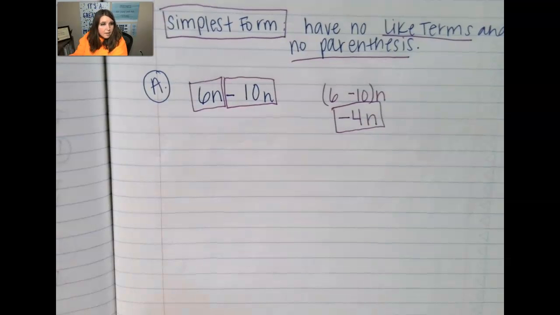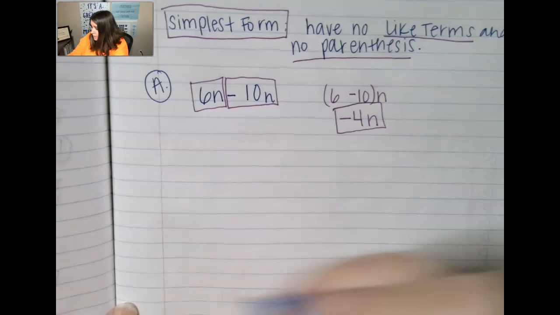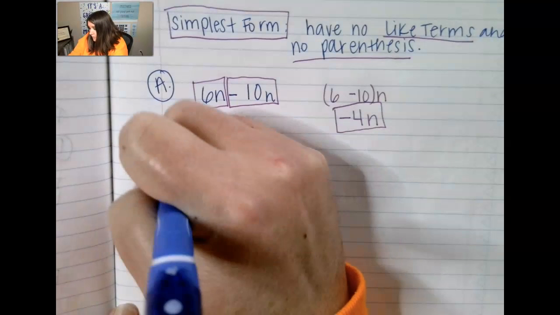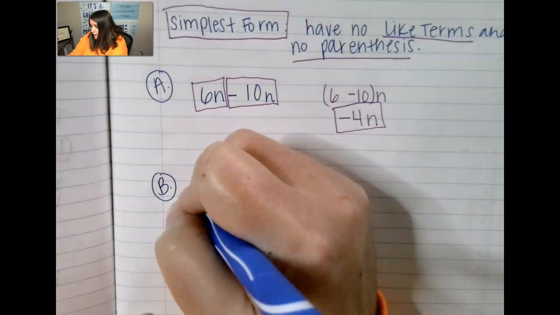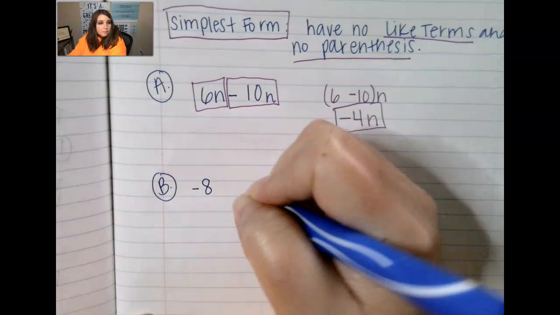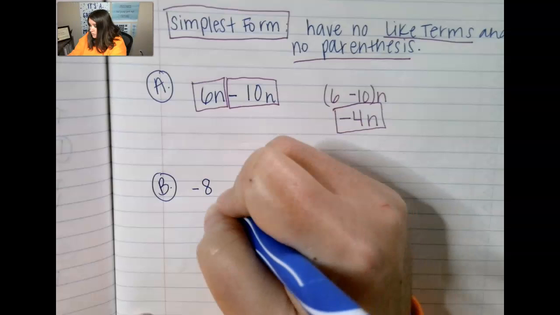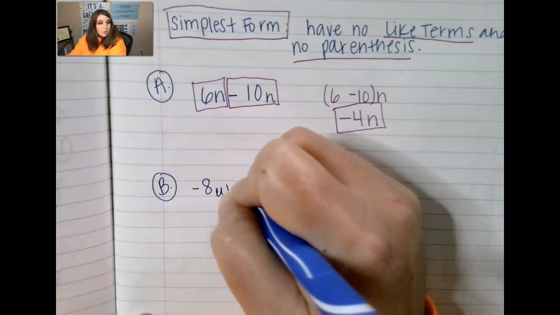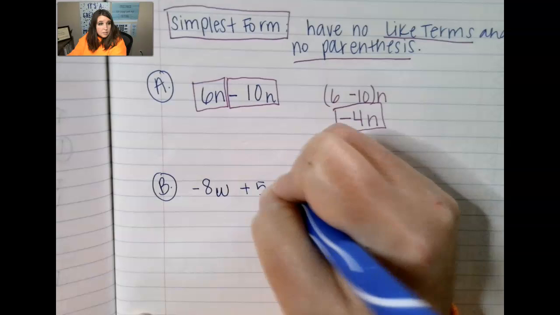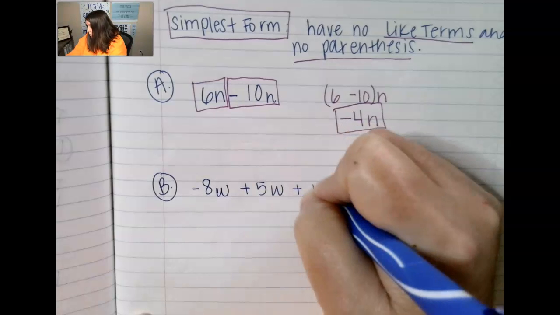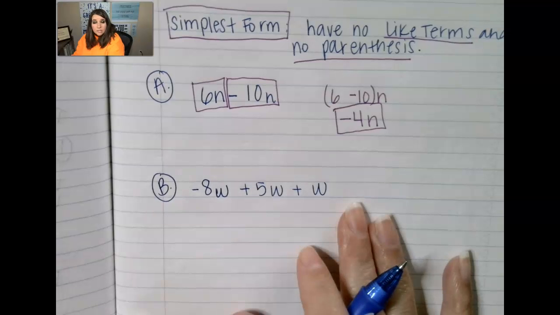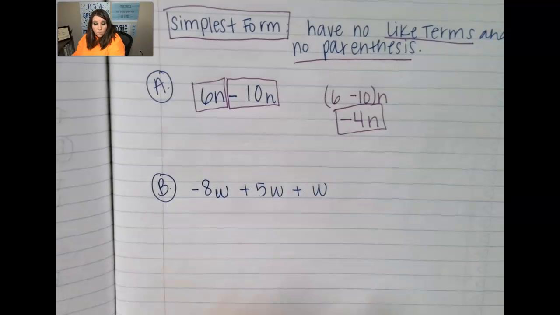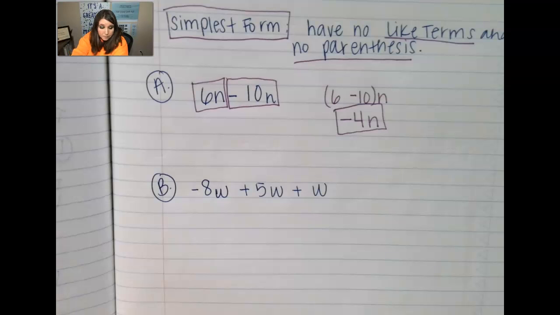Okay, let's do another one. All right, in this example, we're looking at the letter W. So I have negative 8W plus 5W plus a W. Okay, so all of these W's need to go together for a simplest form.